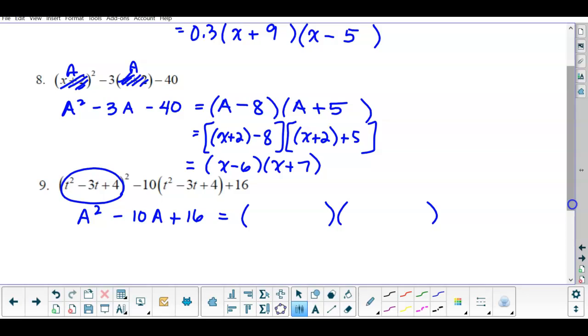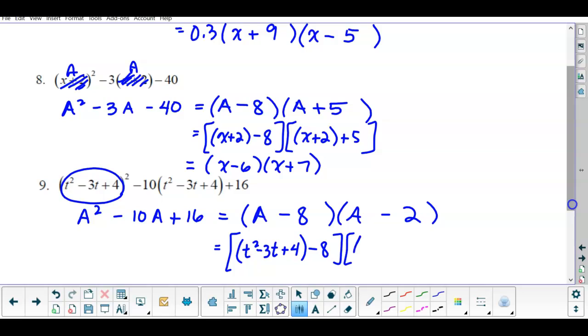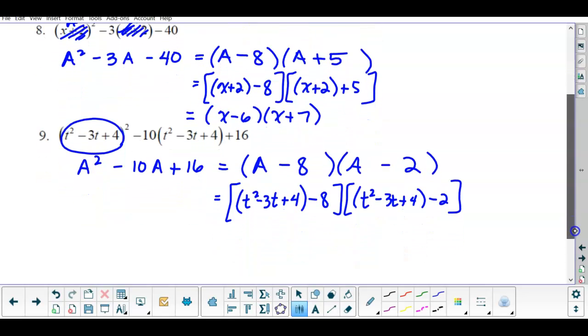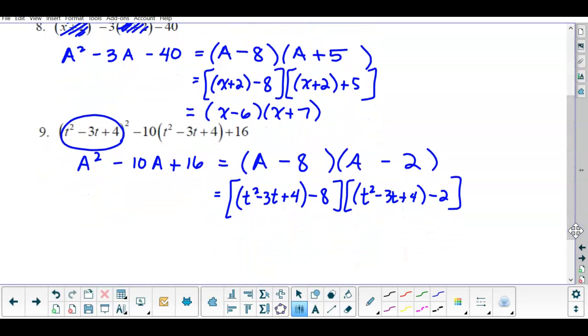Okay, so 16 is 2 times 8, so this would be a minus 8, a minus 2. And so here, replace that with the bracket. Okay, then collect like terms.